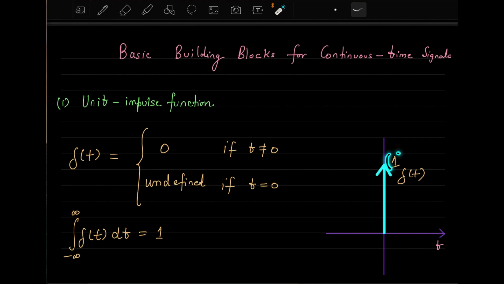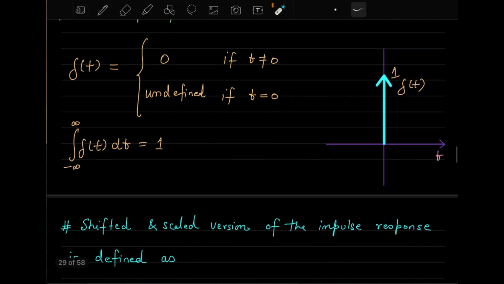It's an area, not the magnitude. This has to be kept in mind. And the rest of the time its value is 0. So this is basically a unit impulse function, which is very important. You have to understand it because it will be used continuously in signals and systems. So this is the definition.